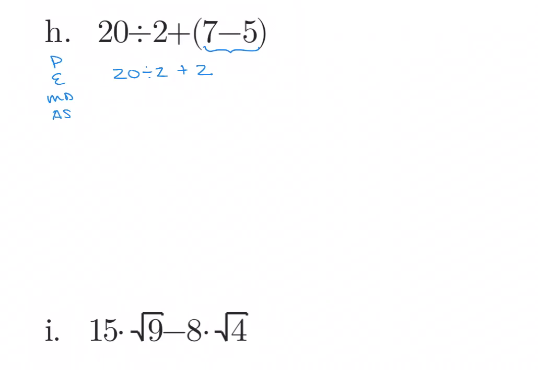Okay, do we have exponents? The answer is no. We do have some multiplications and divisions. We have a division here. 20 divided by 2 is 10. And finally, we have our addition. We get 10 plus 2 equals 12.